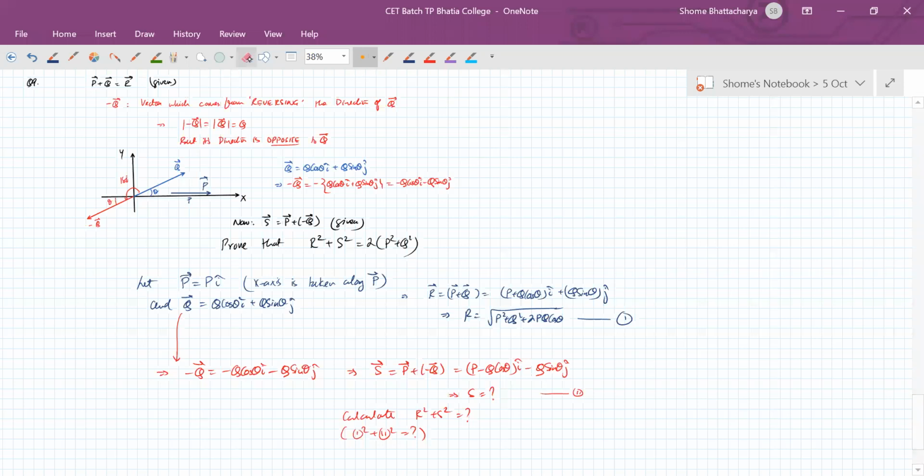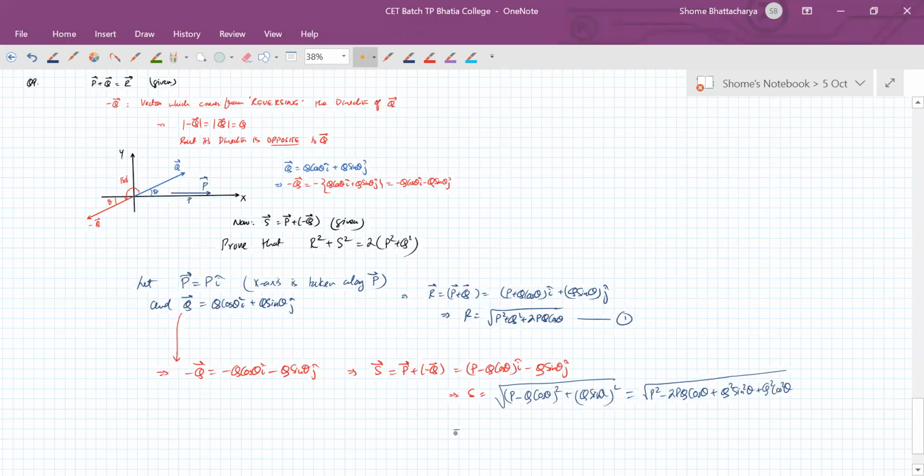Okay, so when you do these steps, when you come to this step here, this will come out to be like this.